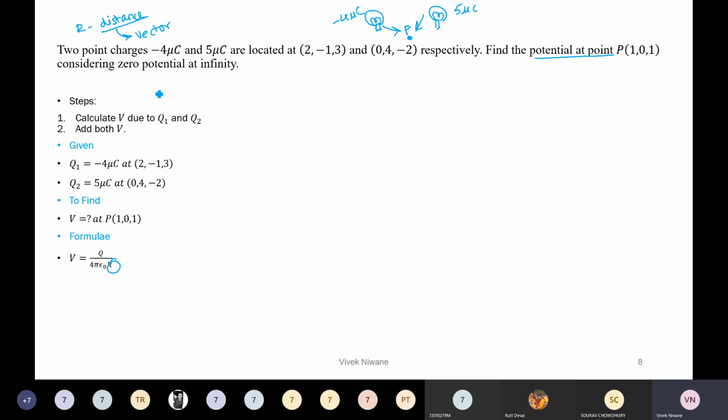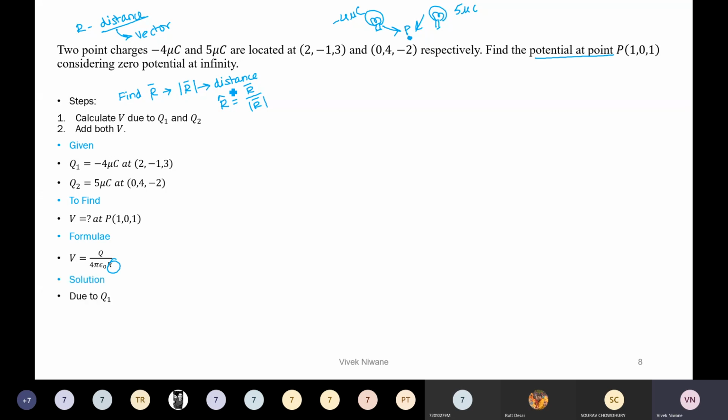So there is a hidden step here: find r bar, then find the magnitude of r bar, and this means the distance between the observation point and the source. In some cases we are going to require r cap, that is vector r bar upon magnitude of vector r. This step we are going to use every time. You might have understood this step since we have been doing the same for the last 20 lectures.